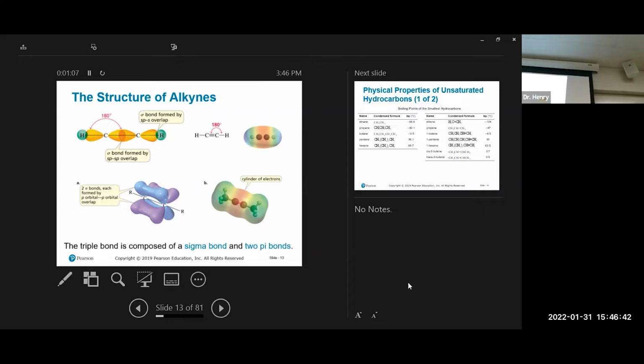Now, don't think you're making a mistake with pi, right? So don't mistake pi for your hybridization. Okay, so here we have these two carbons, right? And let's say you have the sp-sp overlap here.